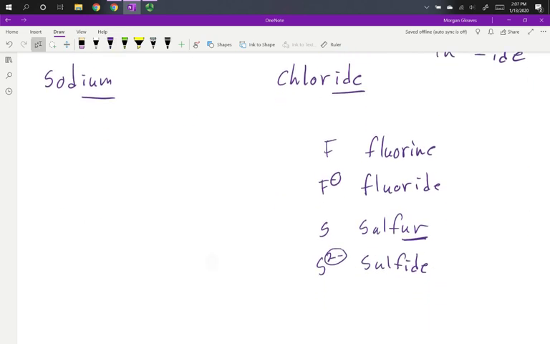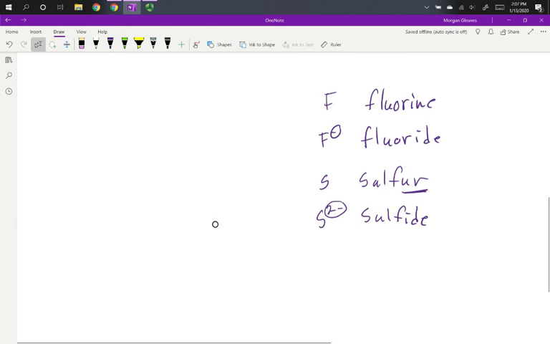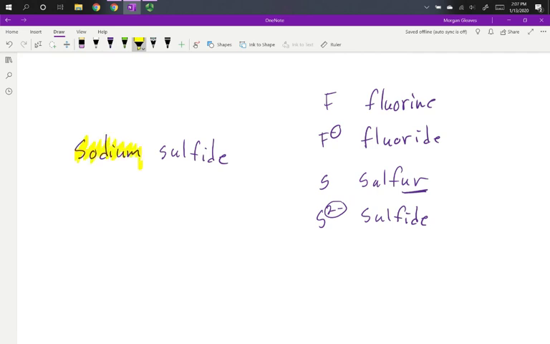Let's go back and talk about these anions that do get the difference. So if I have something like sodium sulfide, if you pick up a bottle and this is on it, we can identify from the first part, sodium tells me that I definitely must have Na+ around.